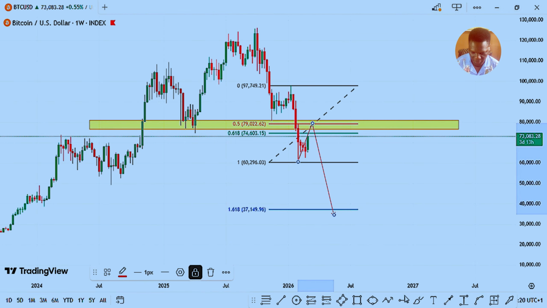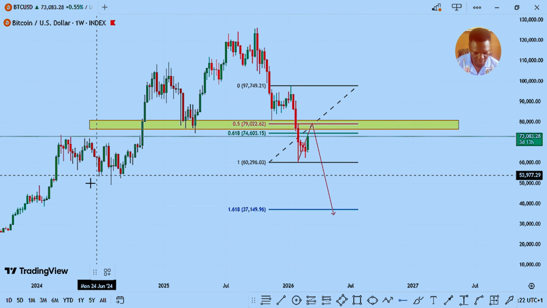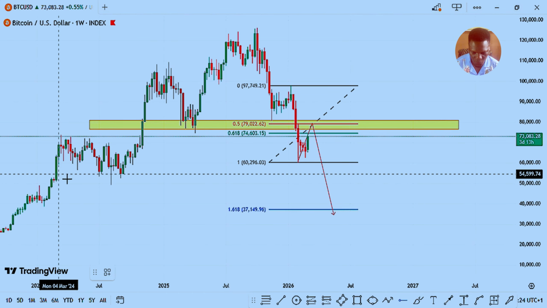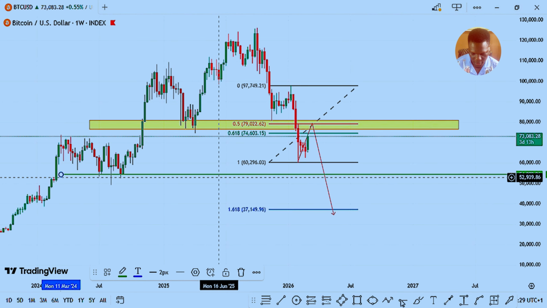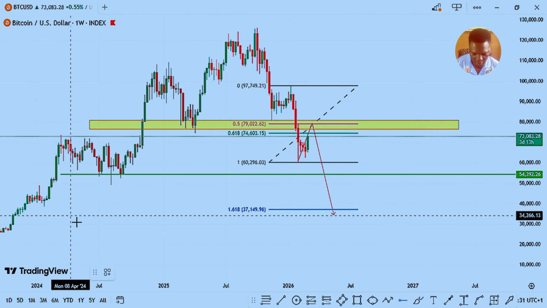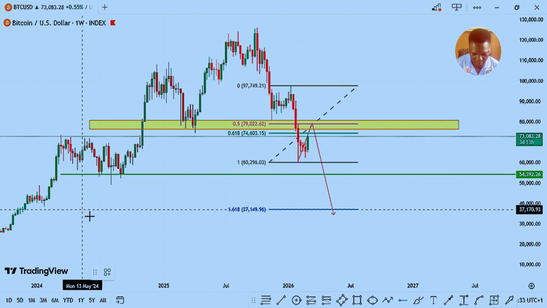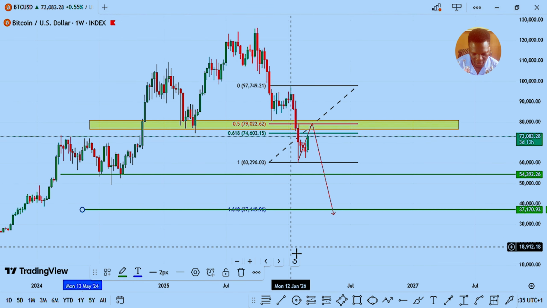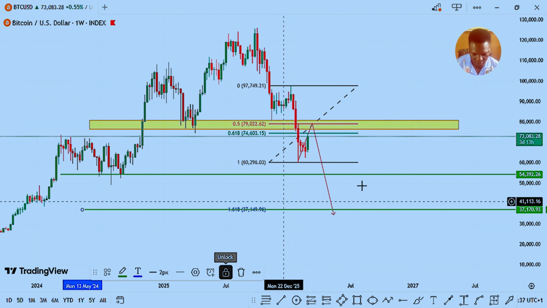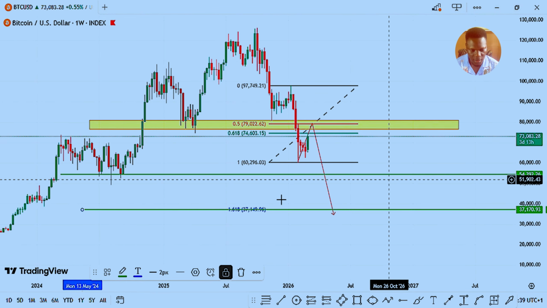My first take profit is going to be at this weekly support level of 54,000. Then the second take profit is going to be at this extension level of 37,000.